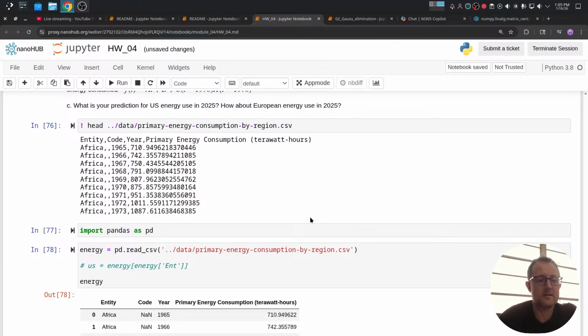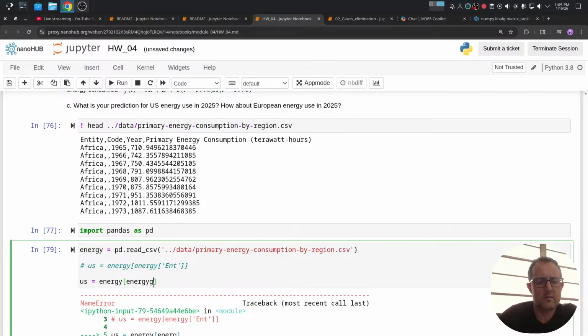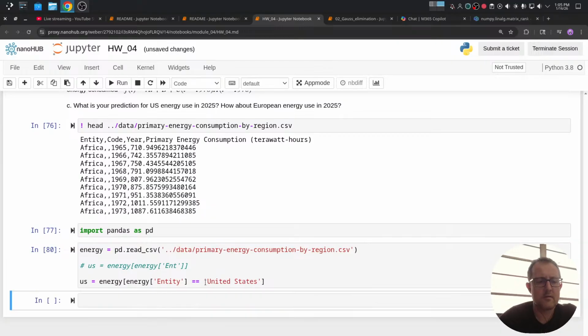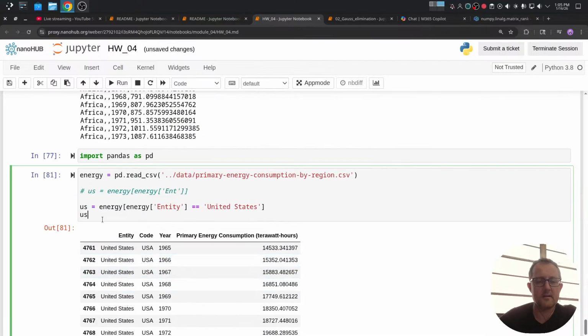So import pandas, look at energy. We'll say US equals energy of entity. Let's look at US. So here's all my US data.